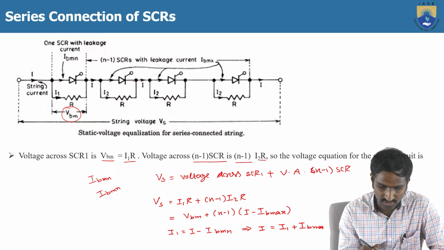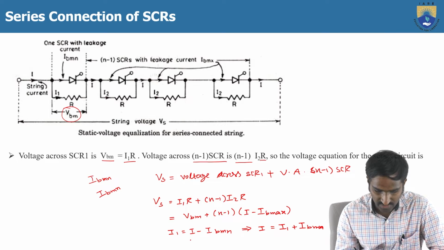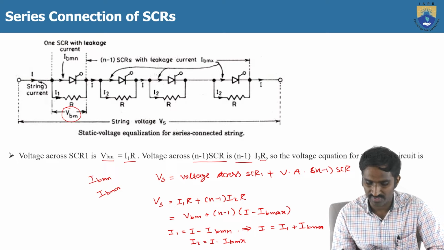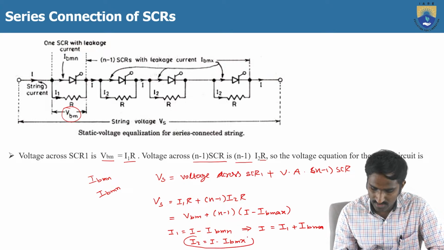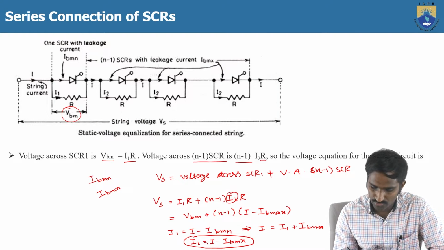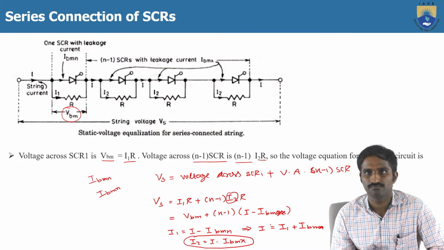Also from the n-1 SCRs we can write I2 is equal to I minus IBMX. So in the place of I2 we substitute I minus IBMX.